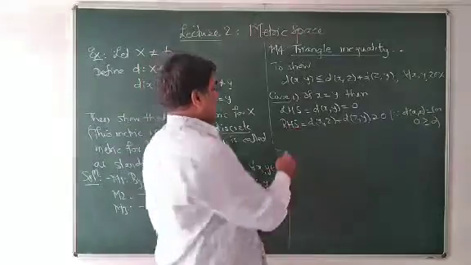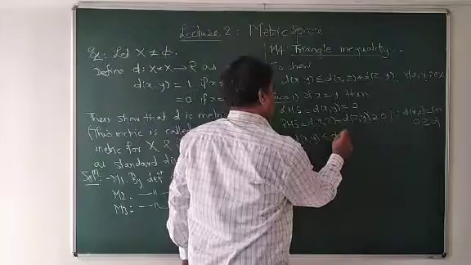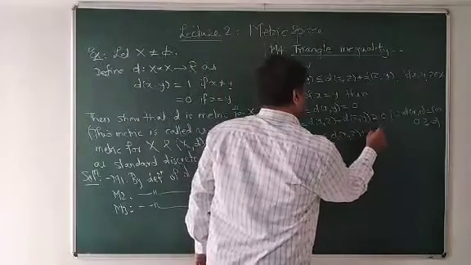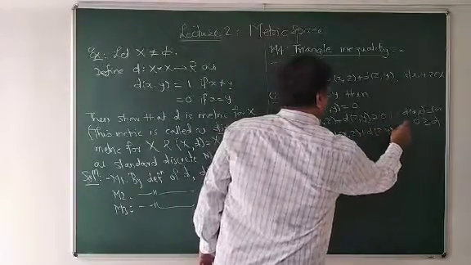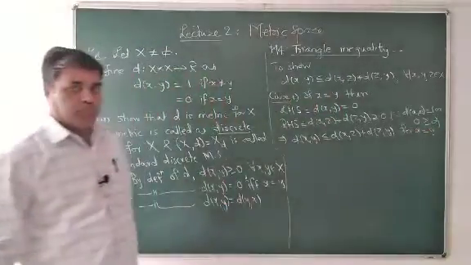This implies d of (x, y) is less or equal to d of (x, z) plus d of (z, y) for x equal to y, and whatever z may be.